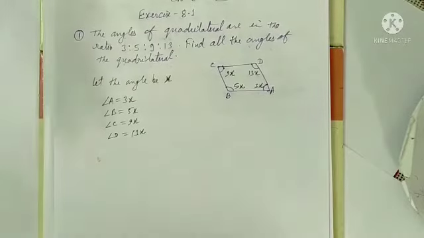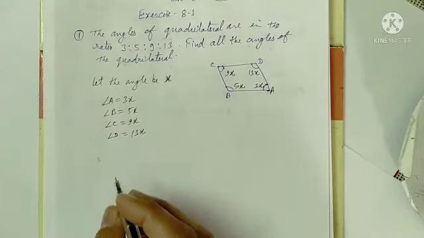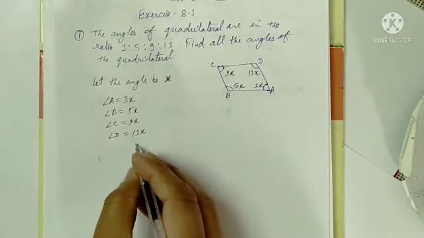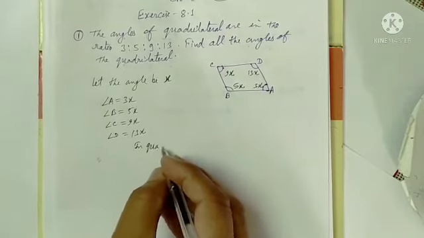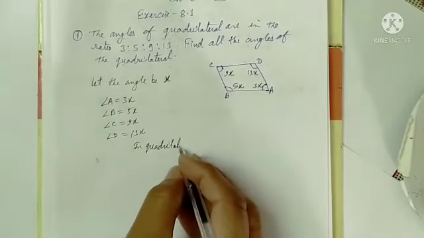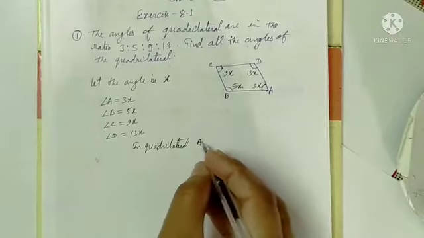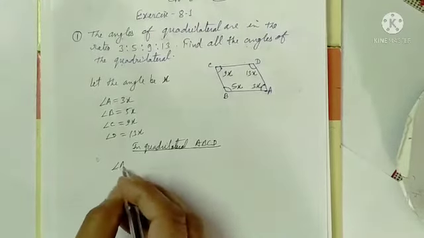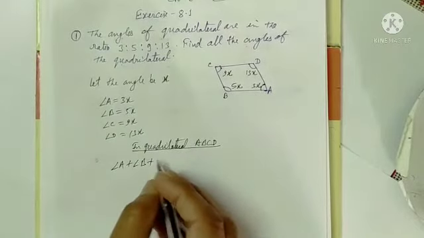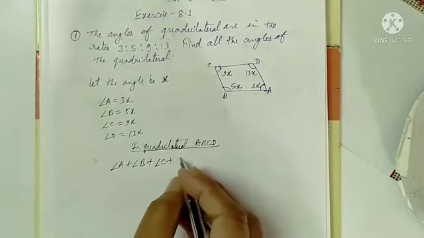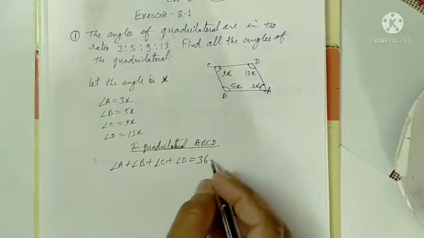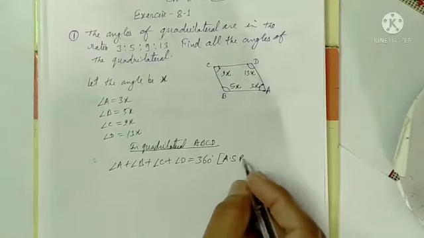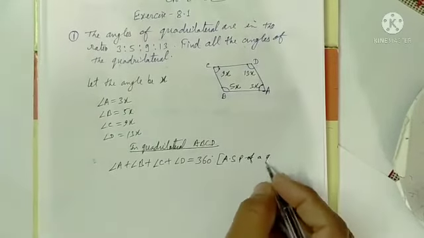Hereafter, we will apply the angle sum property of a quadrilateral. Right here in quadrilateral ABCD, angle A plus angle B plus angle C plus angle D is equal to 360 degrees, and that is the angle sum property of the quadrilateral.